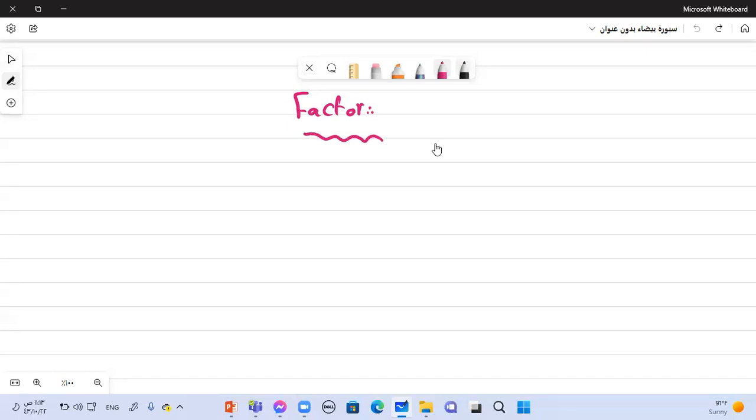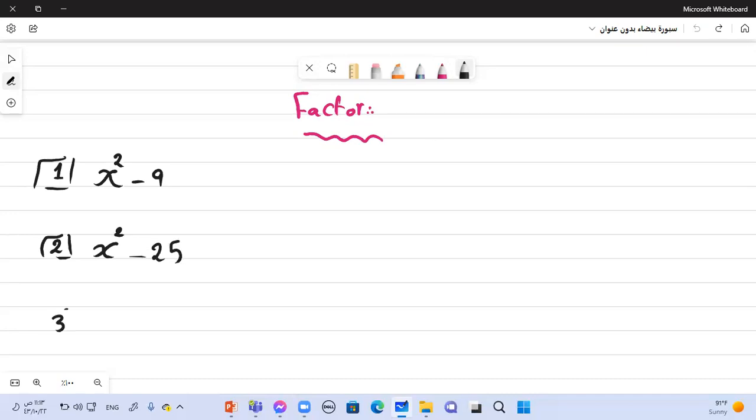If we have exercise number 1, like x squared minus 9. Another exercise, x squared minus 25.